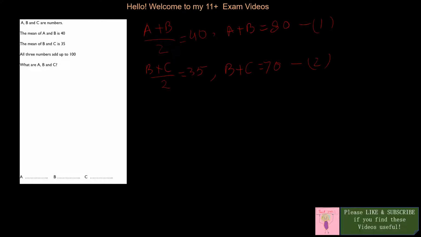Okay, so all 3 numbers add up to 100. So A plus B plus C equals 100.